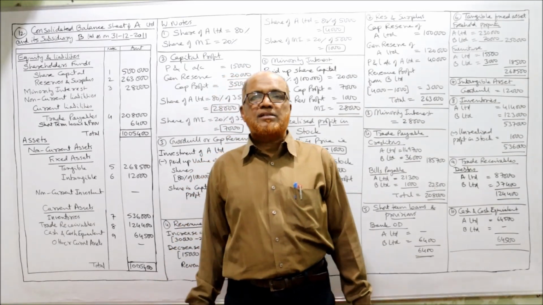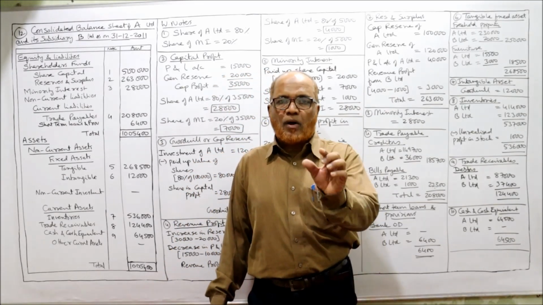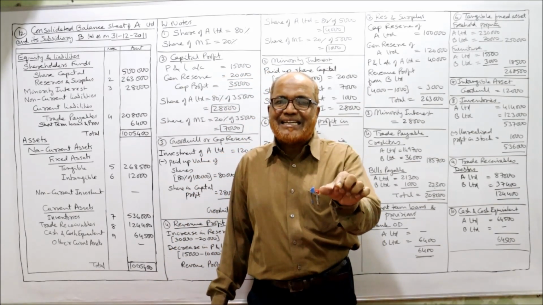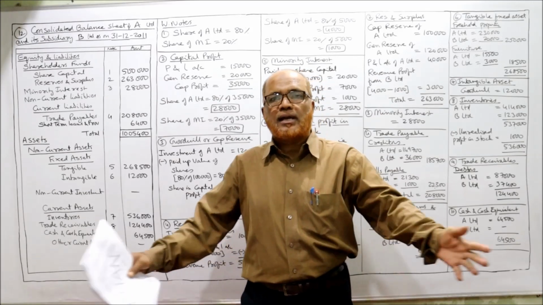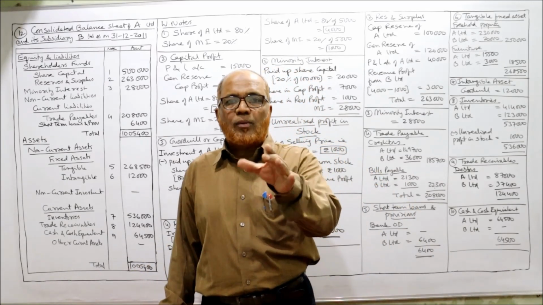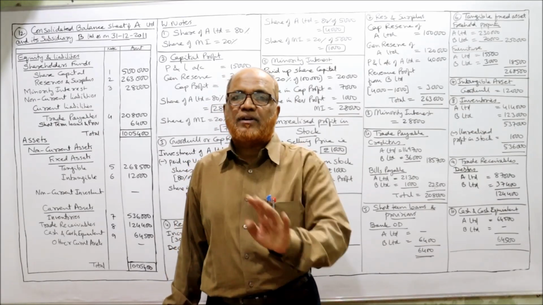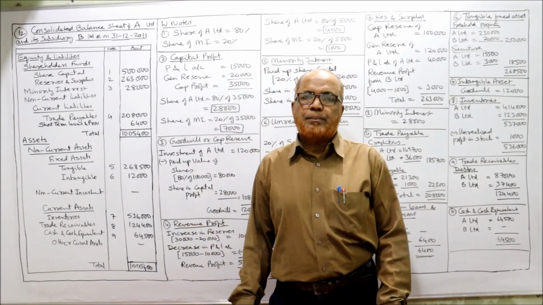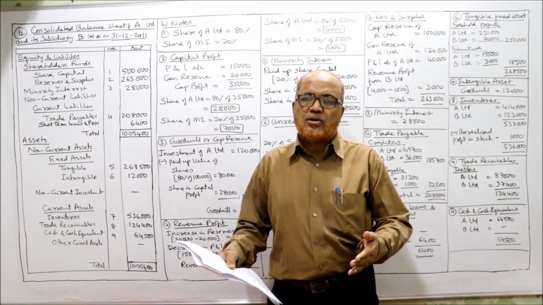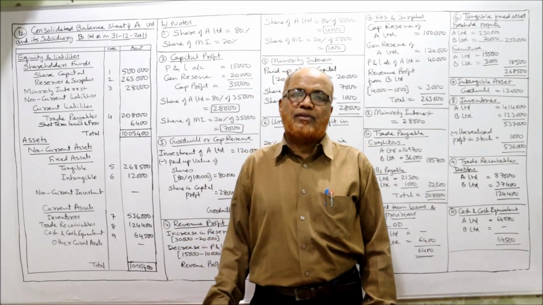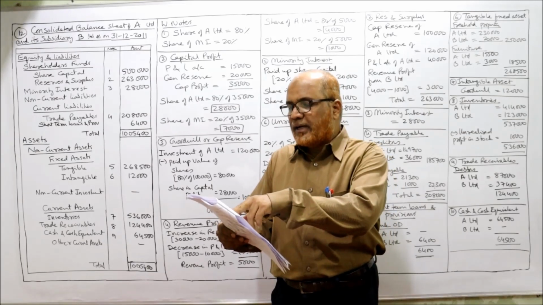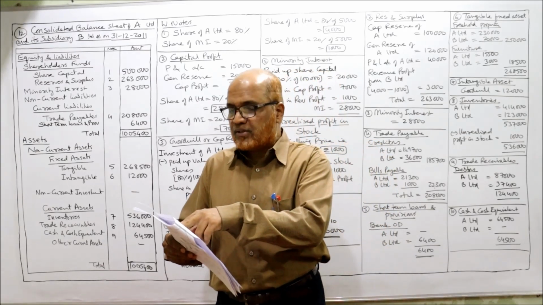I told you in the previous sessions also. Any profit or reserve existing at the date when the shares are acquired is called capital profit. And any reserve or profit increased after acquisition, that means the company has earned the profit or reserves after the acquisition, that is called revenue profit. But here 15,000 and 20,000 are the capital profits.